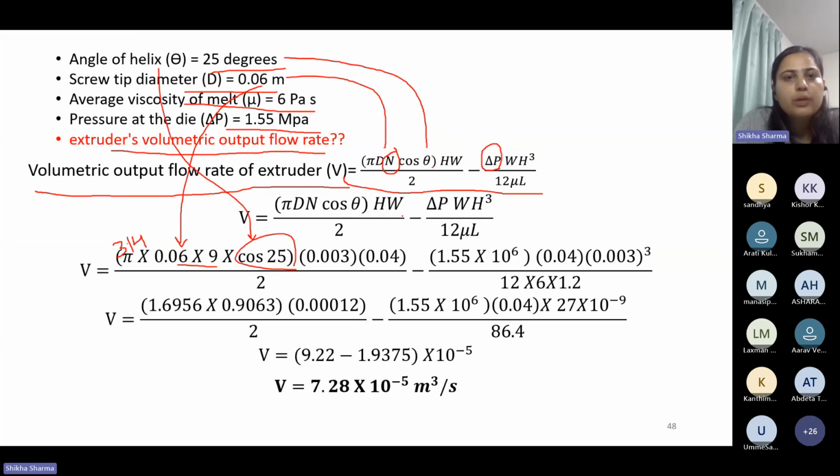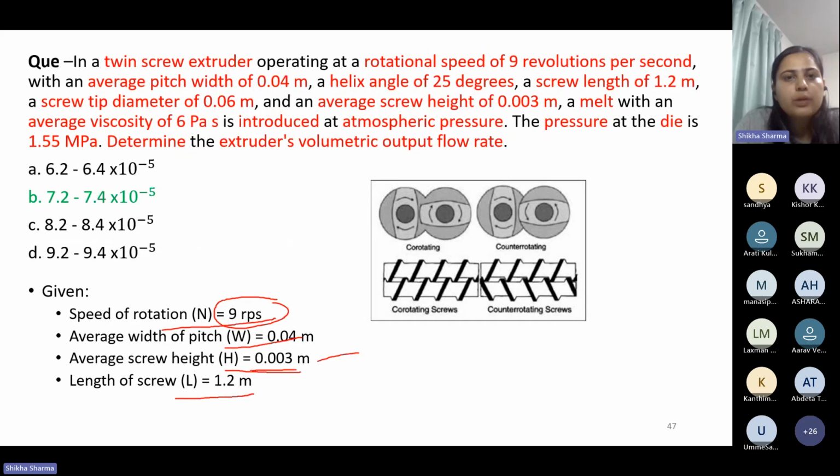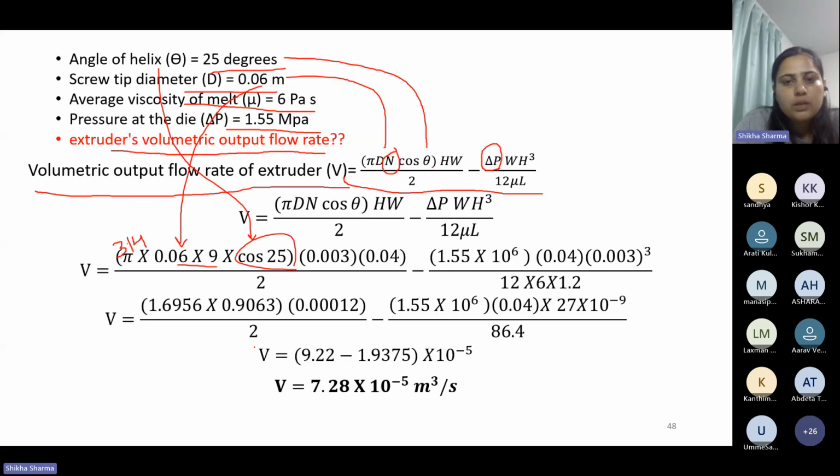Into H into W. So H is given as 0.003 and W is given as 0.04. This whole is divided by 2 minus the pressure at the die, which is 1.55 megapascal. Mega means 10 to the power 6 pascal.